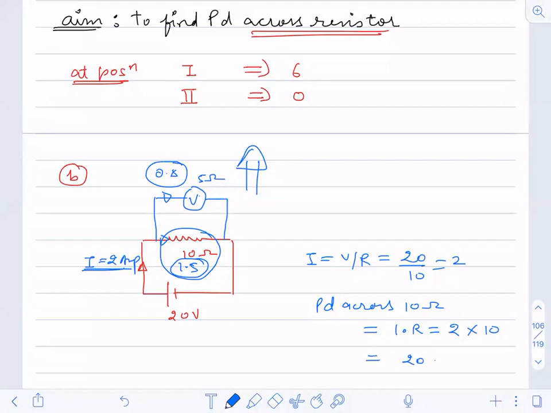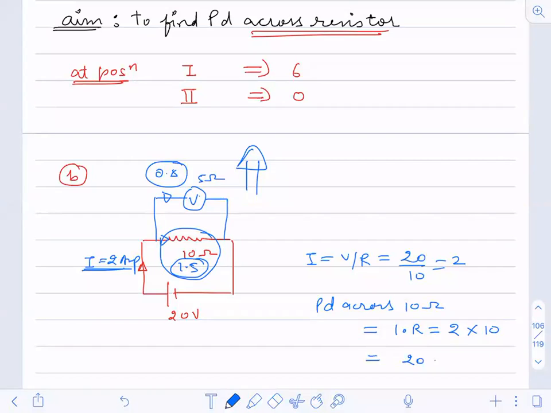We do not want current to pass through the voltmeter. Minimum current should pass, and that is only possible when the voltmeter has a very, very high resistance. There is no other way.